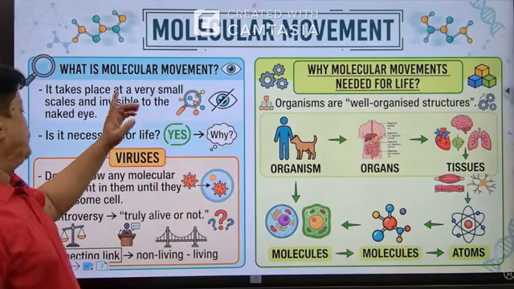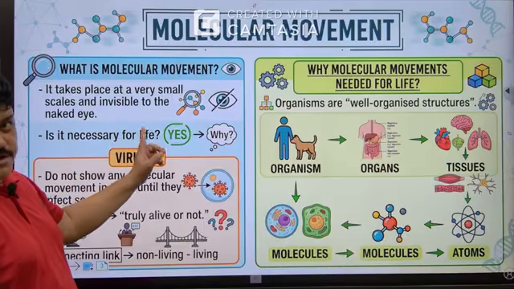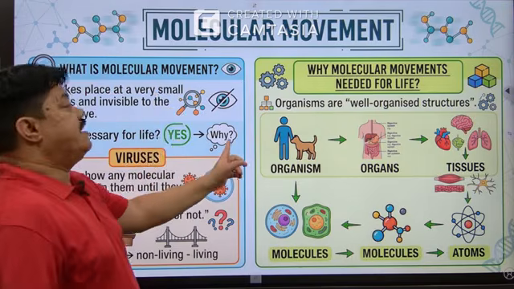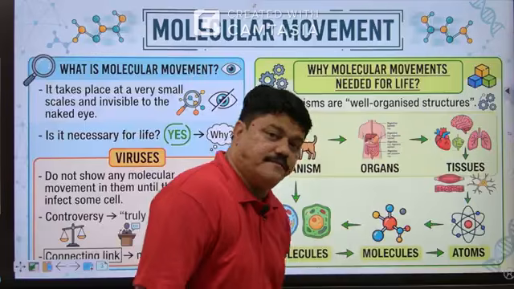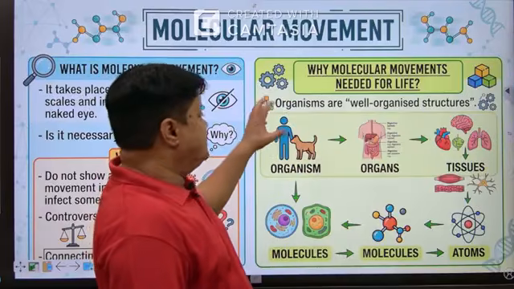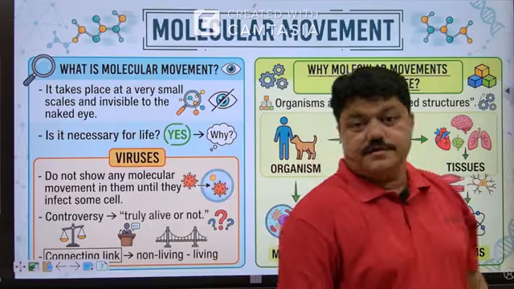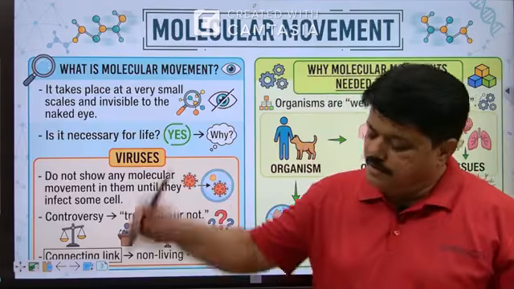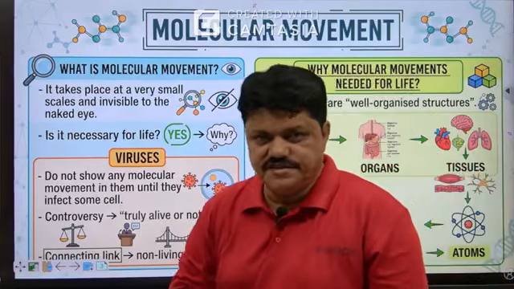Coming to the point again, is molecular movement necessary for life? Biologists say yes. Then why are molecular movements needed for life? The answer is, organisms are well organized structures. In earlier classes we studied that an organism consists of a number of organ systems.